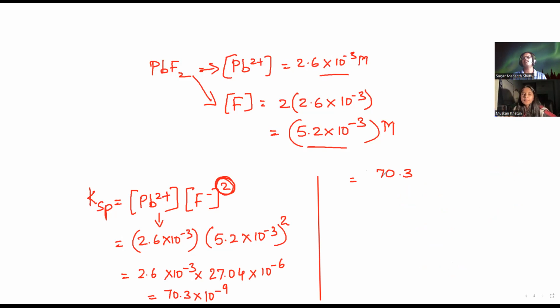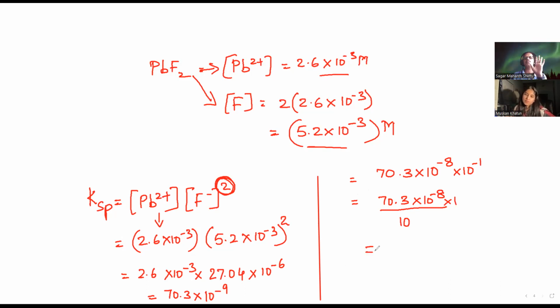Now what I'm going to do here is, see, it's 10 to the power of minus 9. So I'm going to write it as 10 to the power of minus 8 and 10 to the power of minus 1. Try to understand something here. So now 70.3 times 10 to the power of minus 8. If I take this 10 to the power of minus 1 down, it becomes 1 by 10 mathematically.